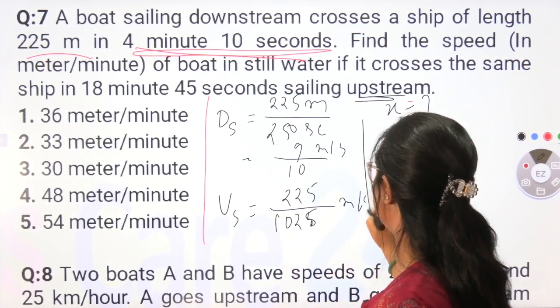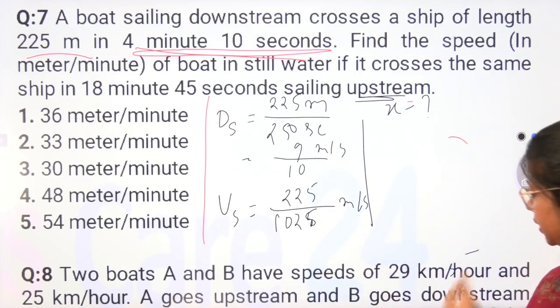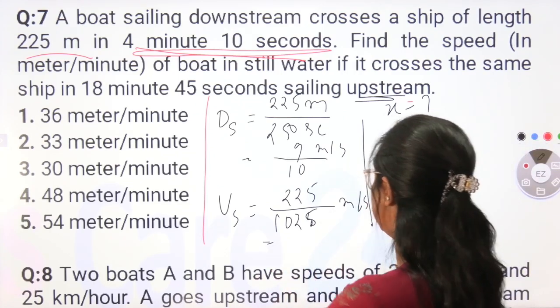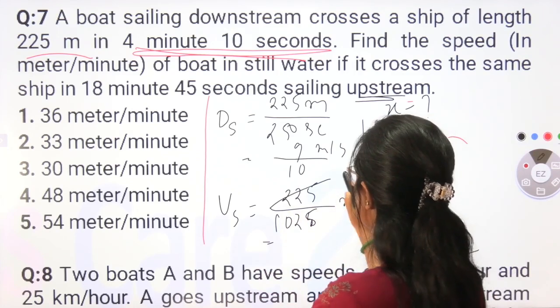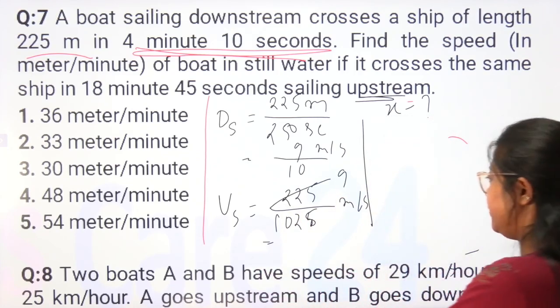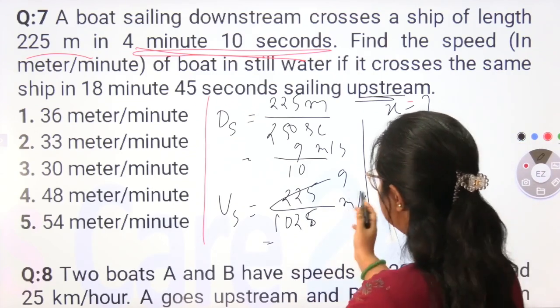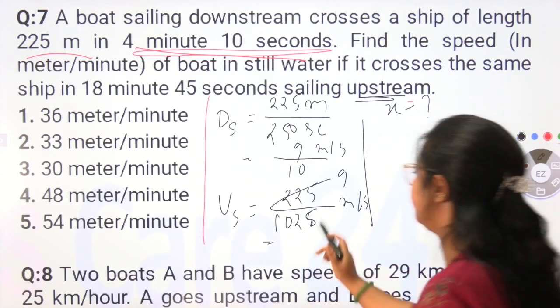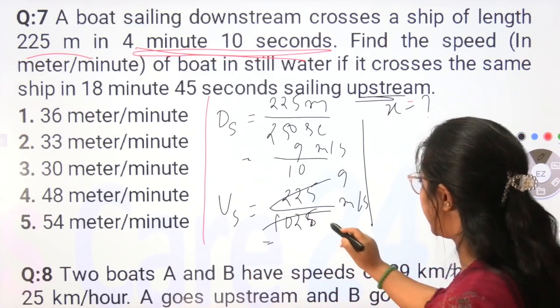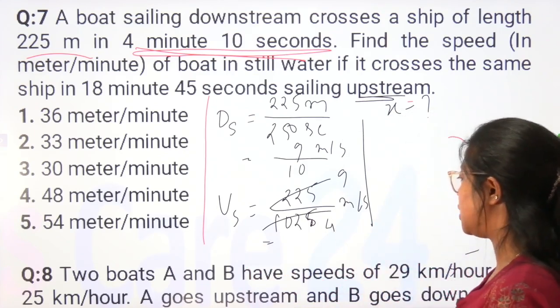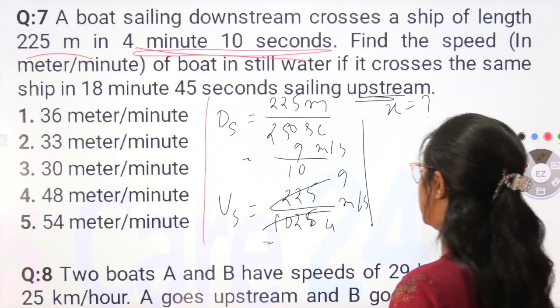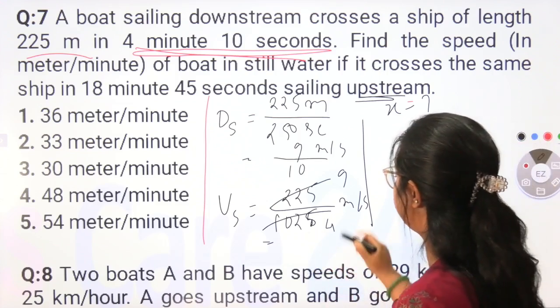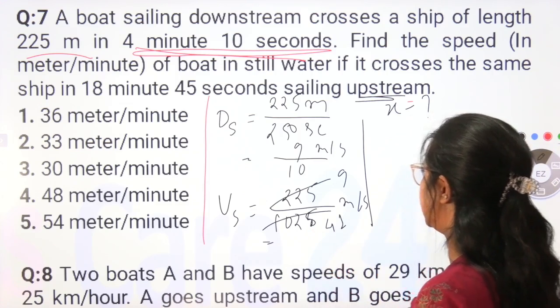So if I do the calculation, 225 divided by 1025, cancelling out by 25, I get 9 by 41.